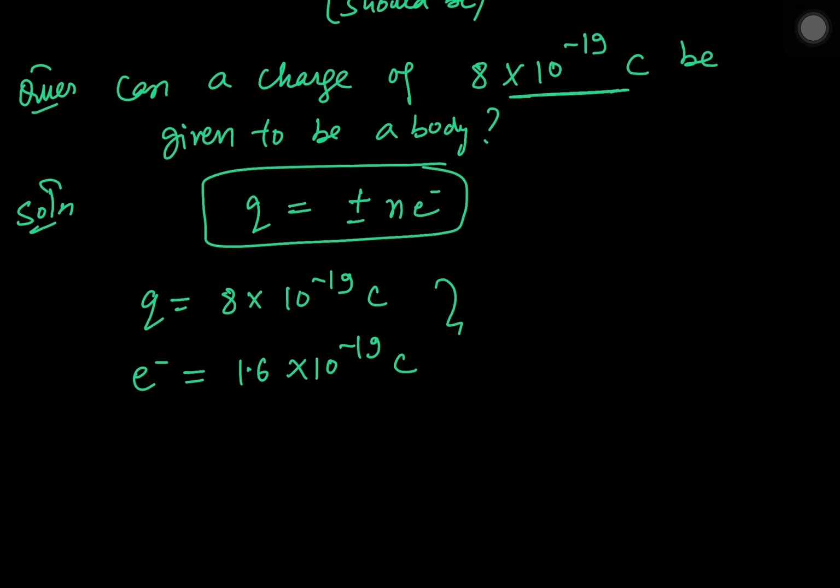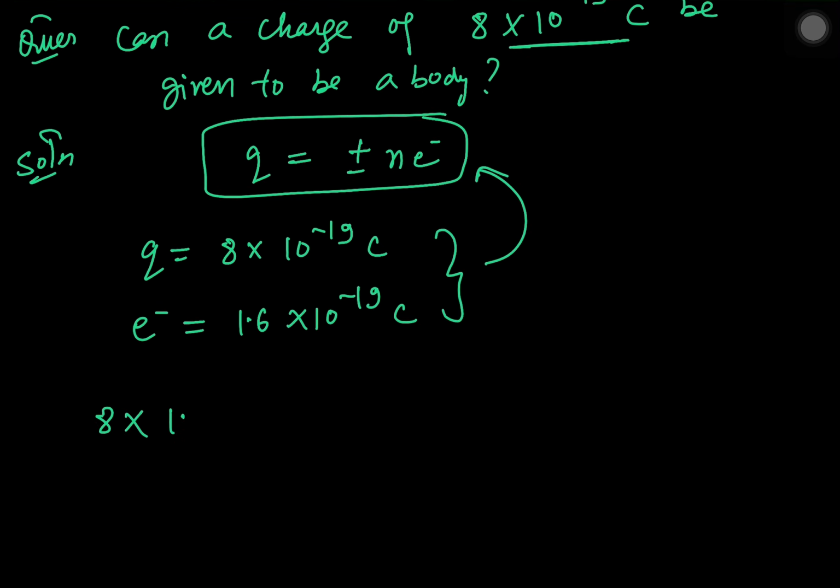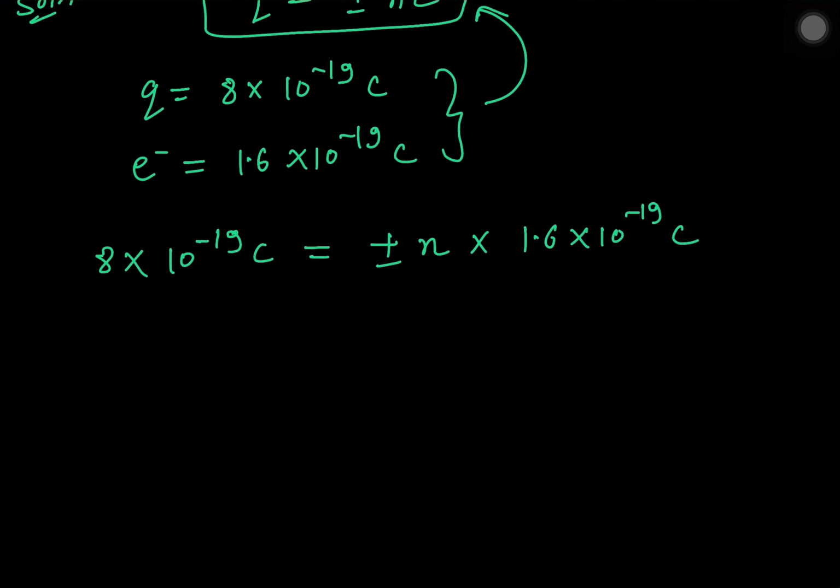On putting the values in this expression: 8 into 10 to the power minus 19 coulomb equals positive, negative n into 1.6 into 10 to the power minus 19 coulomb. On solving, n will become 8 into 10 to the power minus 19 coulomb divided by 1.6 into 10 to the power minus 19 coulomb.